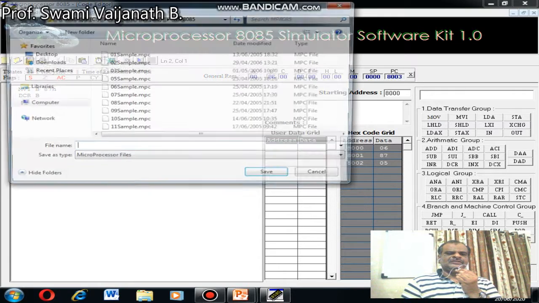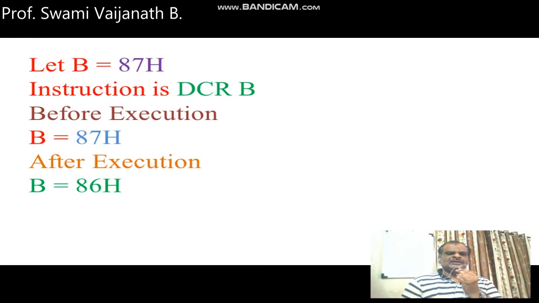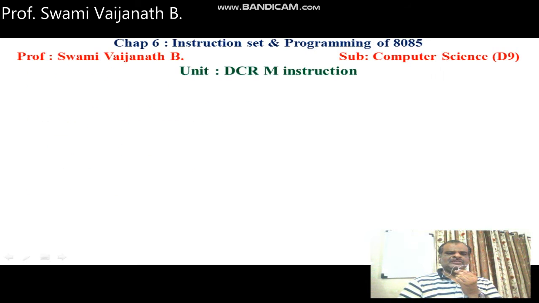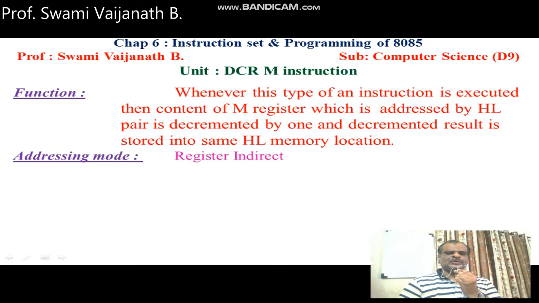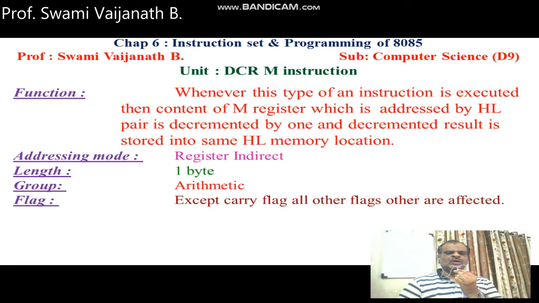After the discussion of the DCR R instruction, the next instruction is DCR M. Whenever this type of instruction is executed, what happens? The content of the M register, that is the memory location addressed by HL, is decremented by 1, and the decremented result is stored back in the memory location addressed by HL.